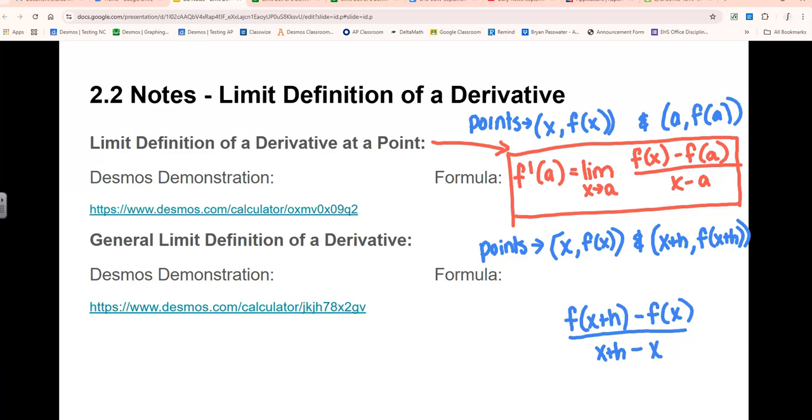But if I want to simplify that down a little bit, is there anything there that cancels? The x's in that denominator are going to cancel. So really this is f of x plus h minus f of x, just all over h, right? So this itself is just the slope between those points. But if I take that h value and make it smaller and smaller and smaller, then those 2 points get closer to each other. Yes?